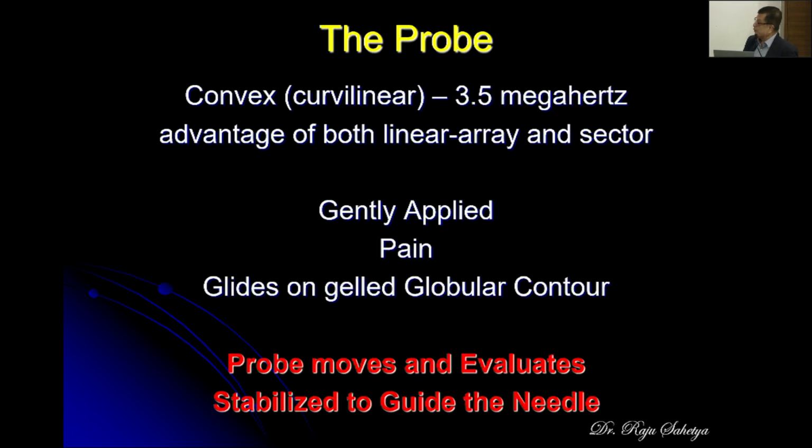So the probe, curvilinear probes, earlier we used to use sector, before that I used to use linear probes, but now we have got this curvilinear, which gives you both benefit of sector and linear. You should apply this probe very gently on the gelled abdomen. You should feel for that patient that time. You are desperate to see your target, but you are not realizing that a painless procedure, you are making it painful.